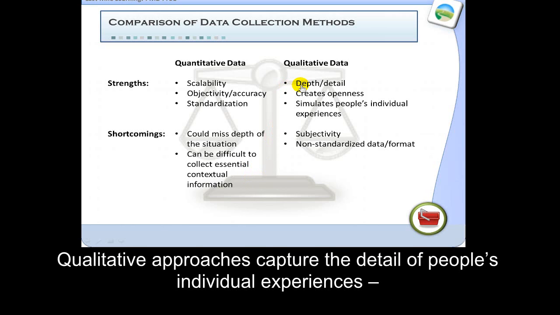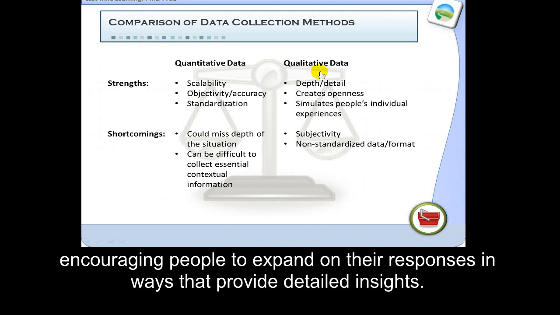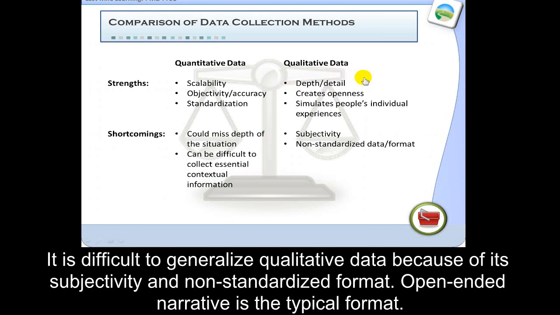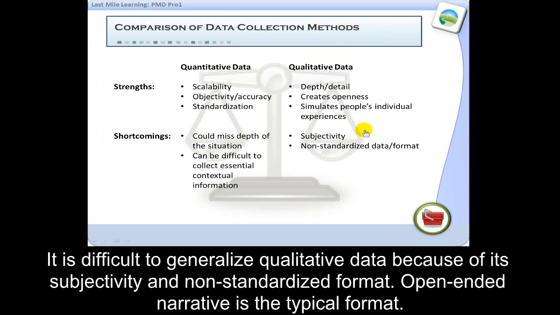Qualitative approaches capture the detail of people's individual experiences, encouraging people to expand on their responses in ways that provide detailed insights. It's difficult to generalize qualitative data because of its subjectivity and its non-standardized format. Open-ended narrative is the typical format for qualitative data.